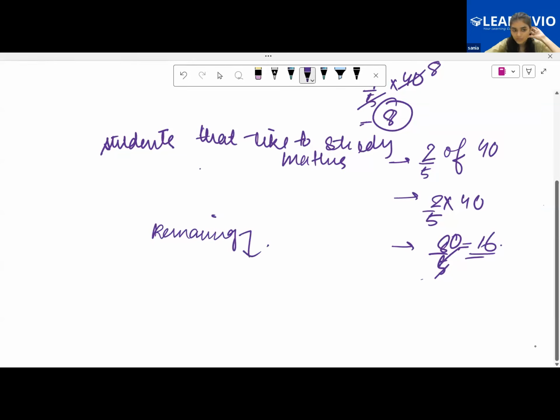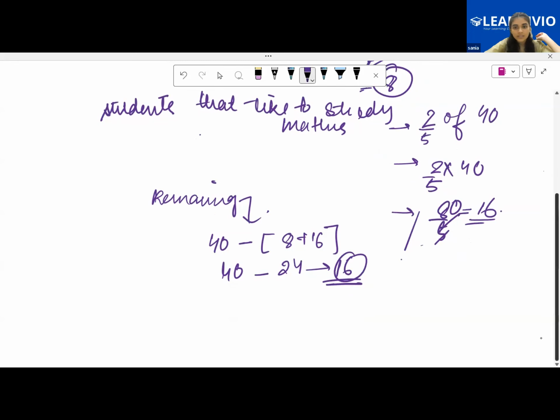We have to add total number of students that like English and total number of students that like math, and then subtract it from the original number. Yeah, you just do 40 and you subtract 8 plus 16. And when you solve this expression, you get 16. So 16 students like to study science, right?